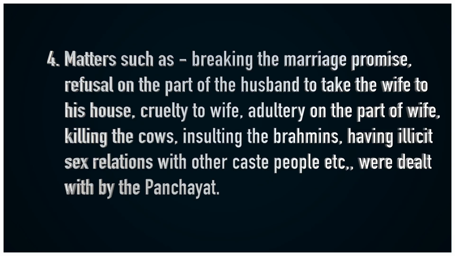Number 4, matters such as breaking the marriage promise, refusal on the part of the husband to take the wife to his house, cruelty to wife, adultery on the part of wife, killing the cows, insulting the Brahmins, having illicit sex relations with other caste people, etc., were dealt with by the caste panchayats.